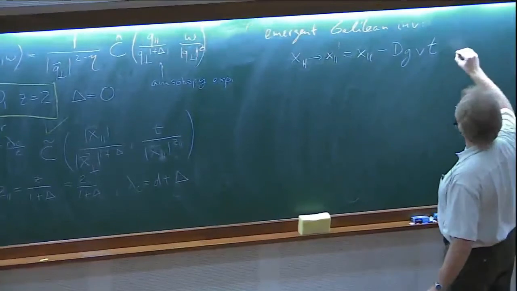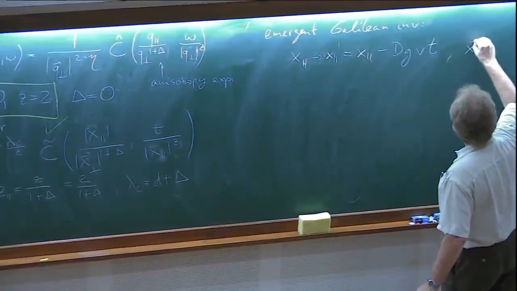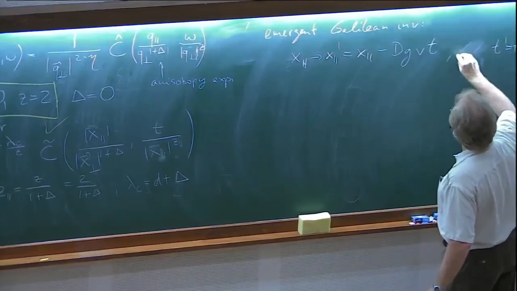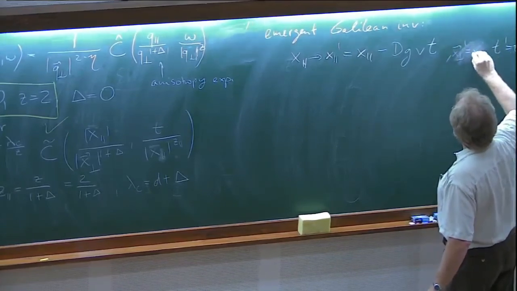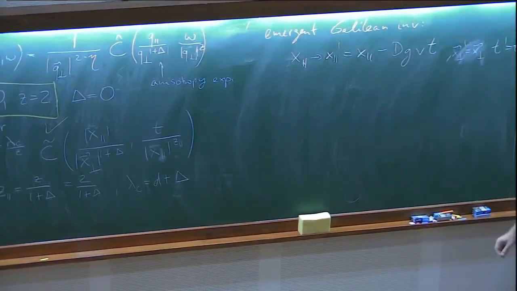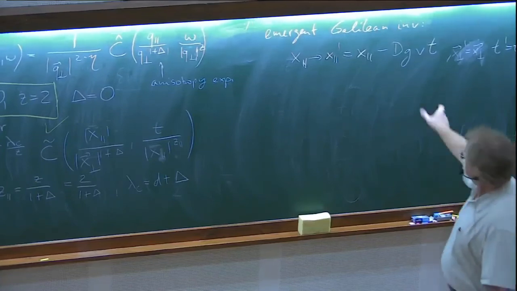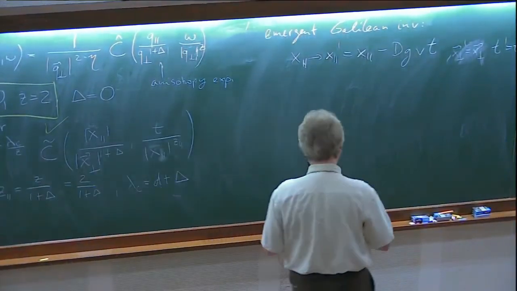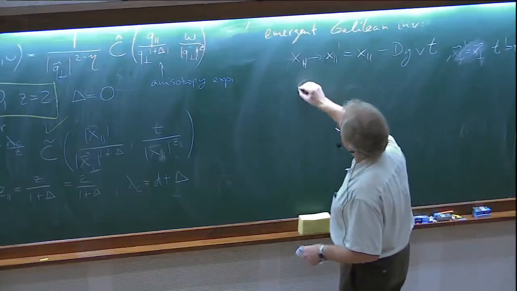And I'm not changing X perp, and I'm not changing T. So no Lorentz symmetry, just Galilean invariance. And the DG is needed because that's the prefactor here. You can easily check that that works. It just does the job, and I'll do this in context tomorrow.